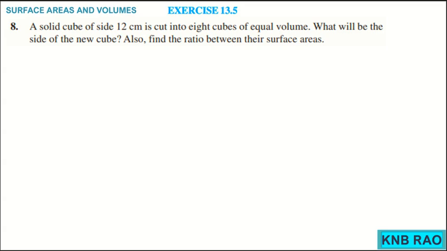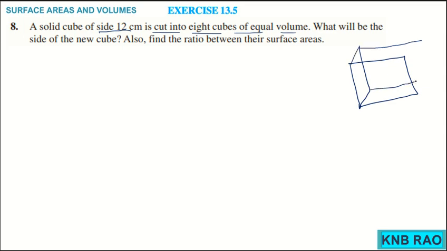A solid cube of side 12 centimeter is cut into 8 cubes of equal volume. Here you have got a big cube which is divided into 8 pieces of the same size. Now this is a bigger one and it is cut into smaller pieces.